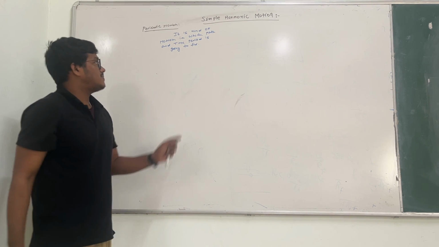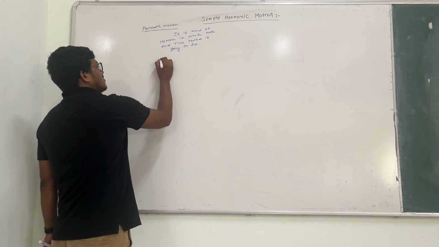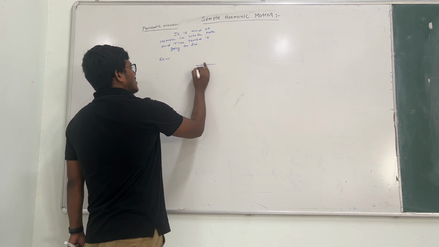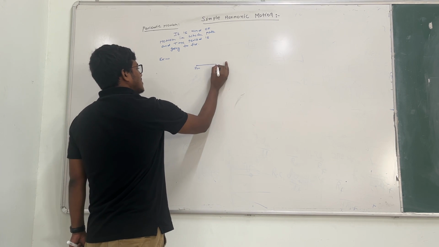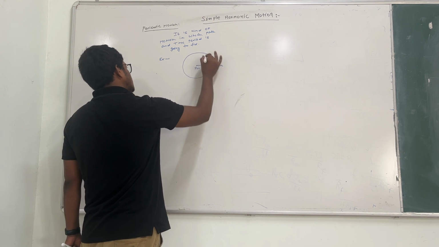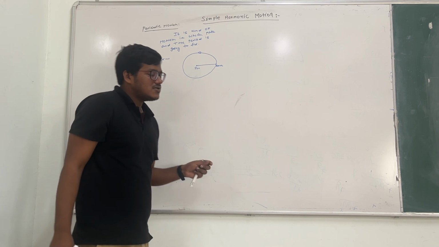So the path of the particle is fixed, and the time period is fixed. For example, this is the sun and this is the earth. The motion of the earth around the sun is usually of a circular shape. This is a circular path, and the earth always follows the circular path.